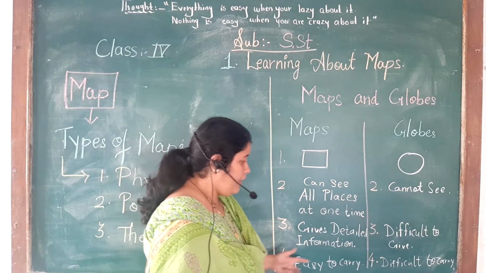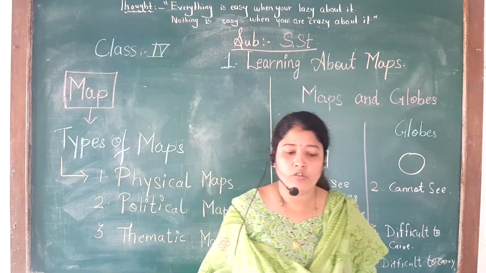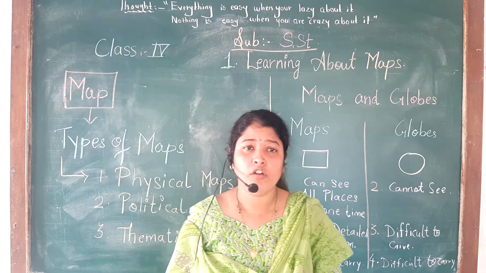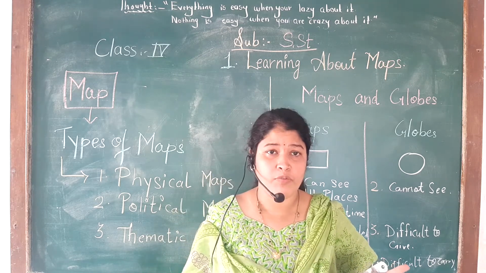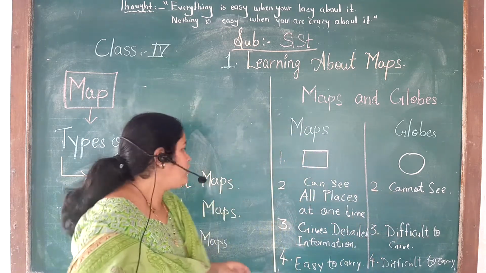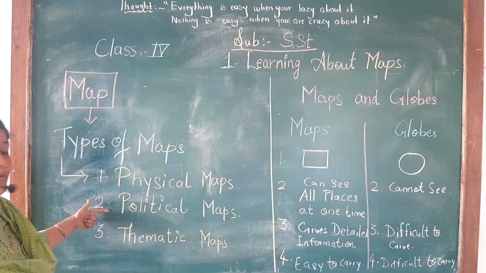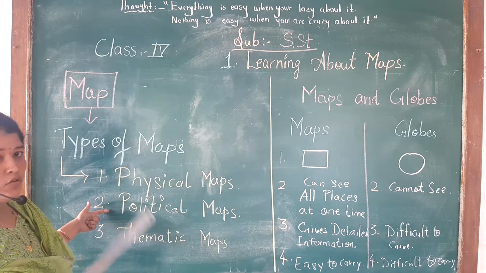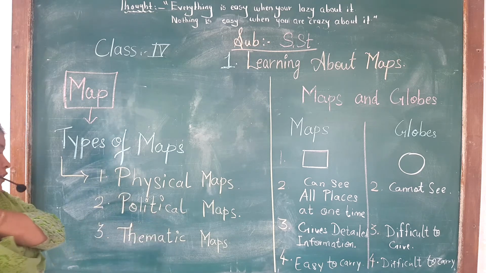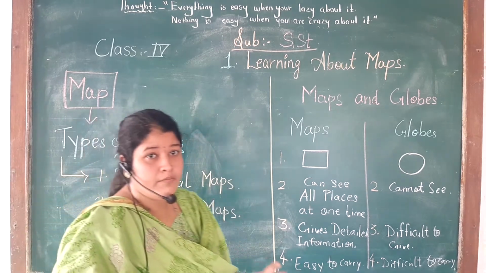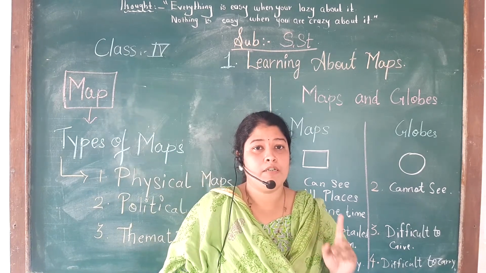Maps are easy to carry and globes are difficult to carry. So all of you understood the difference between maps and globes, and the three types of map. Which three types? Physical map showing physical features, political map showing political areas, continents, states, and thematic map showing different themes, also called special purpose maps.